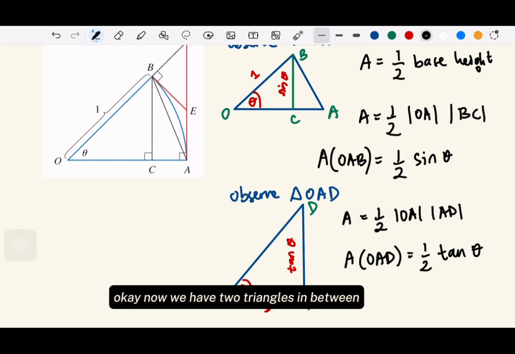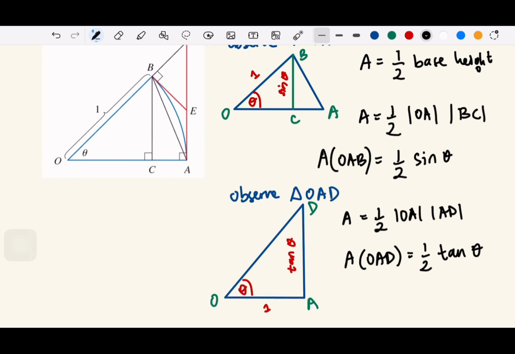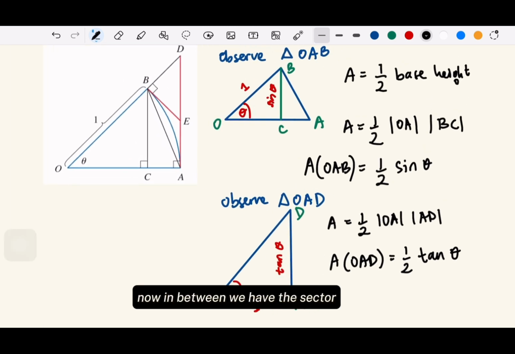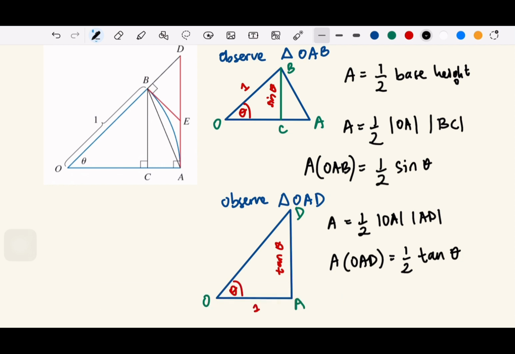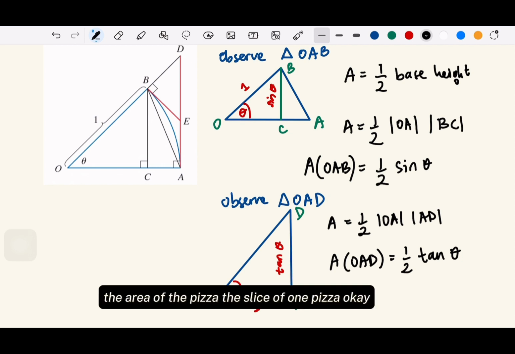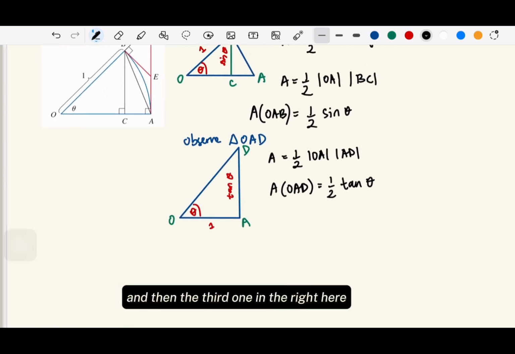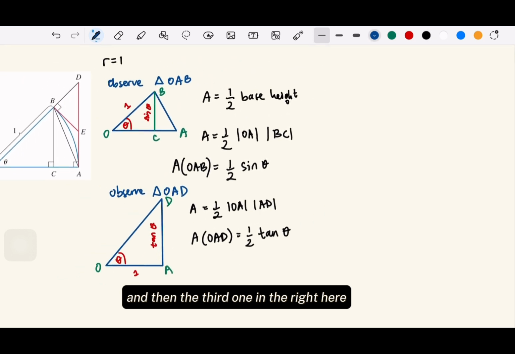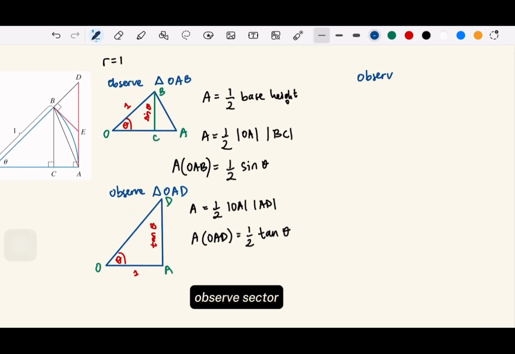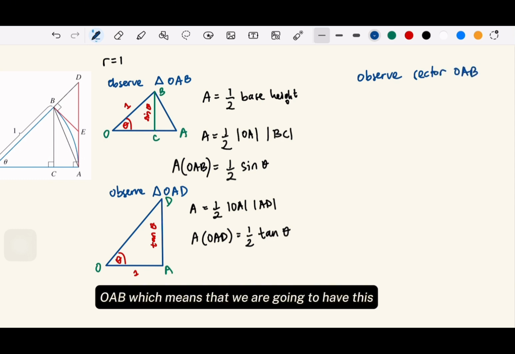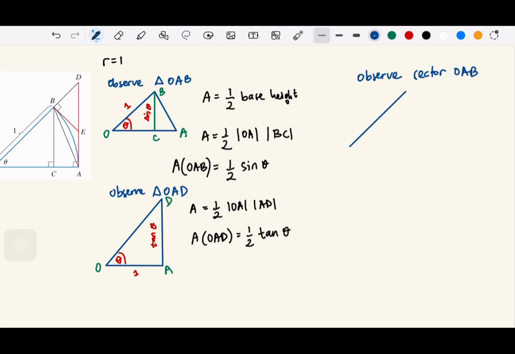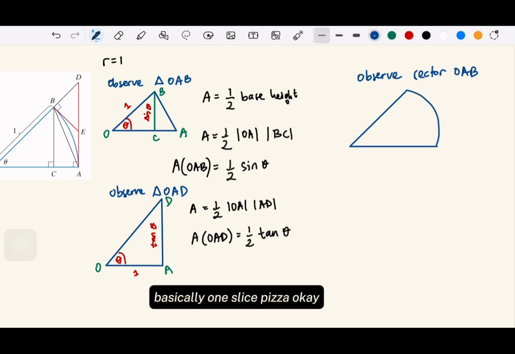Now we have two triangles, and in between we have the sector, the area of a slice of pizza. And the third one, let me write here, observe sector OAB, which means we are going to have this and this, basically one slice of pizza.